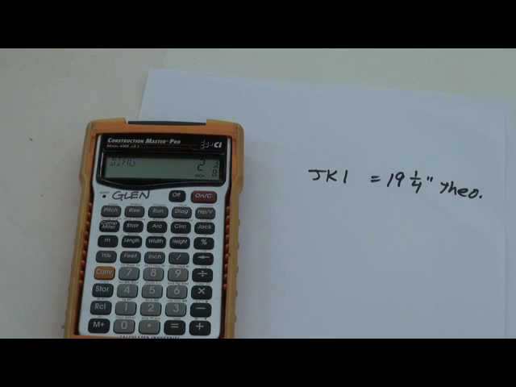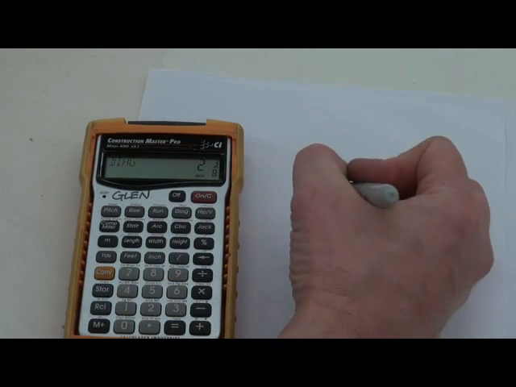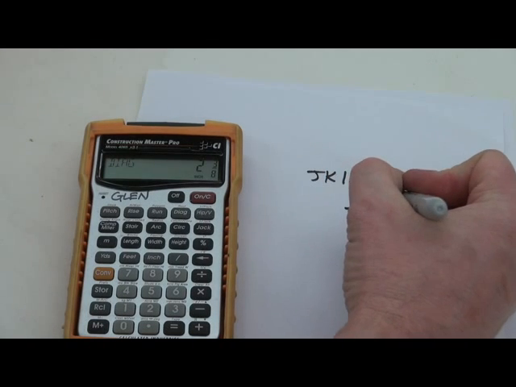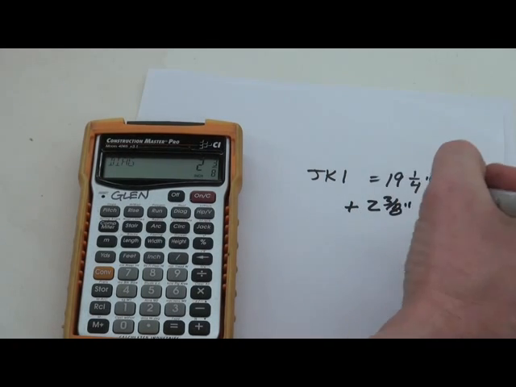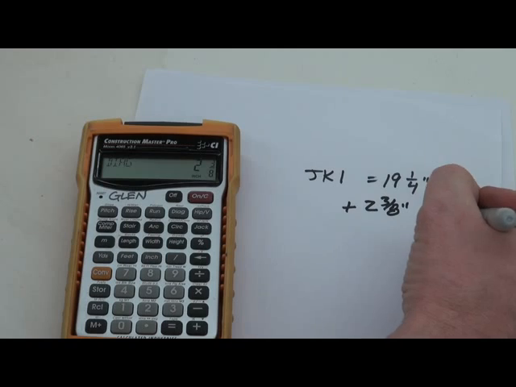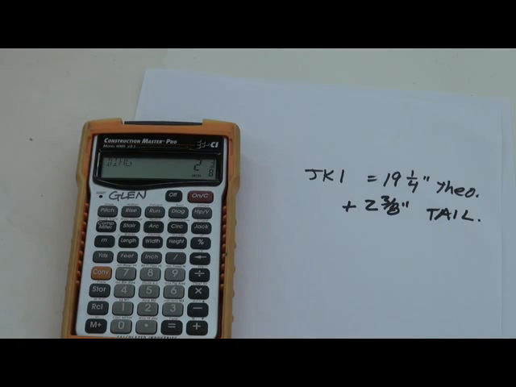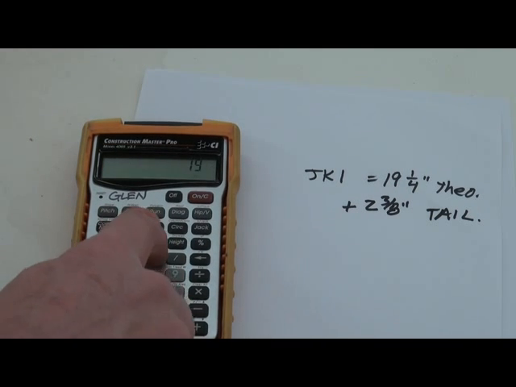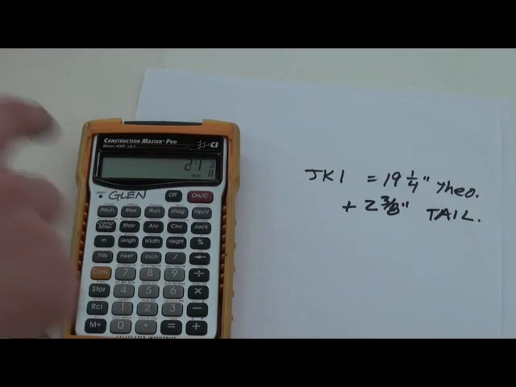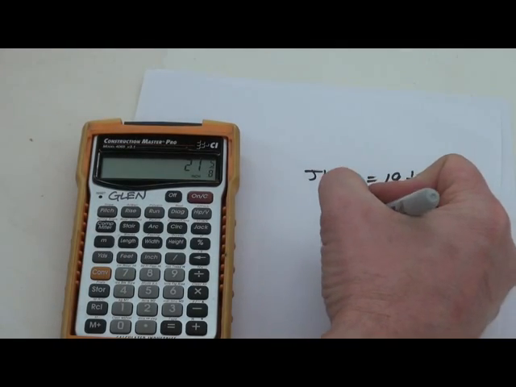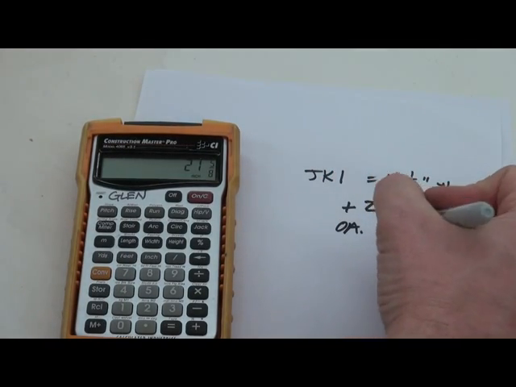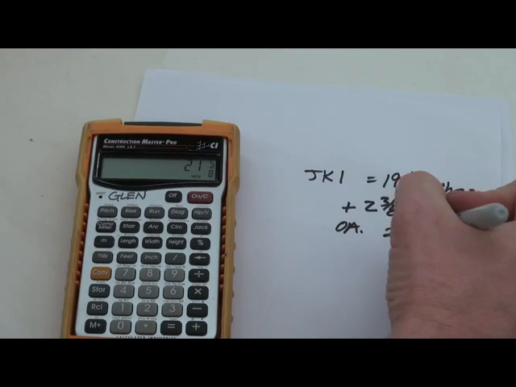So the diagonal for my overhang is 2 3/8 inches. So plus 2 3/8 inches for the tail. Okay, that's just the tail, and I can add that to my theoretical jack length, 19¼ inch. So my overall length of jack 1 is 21 5/8 inches.